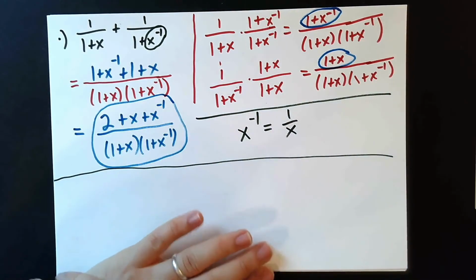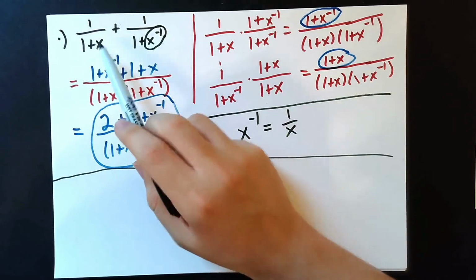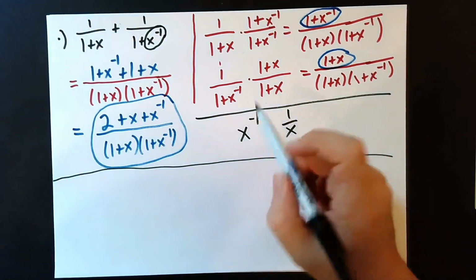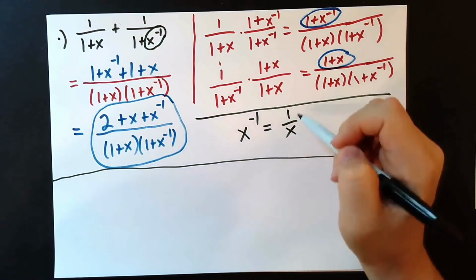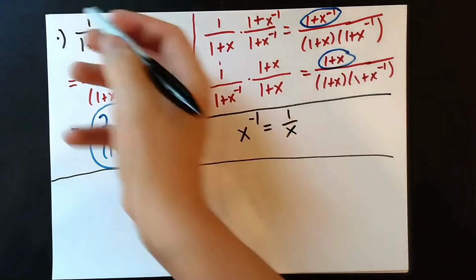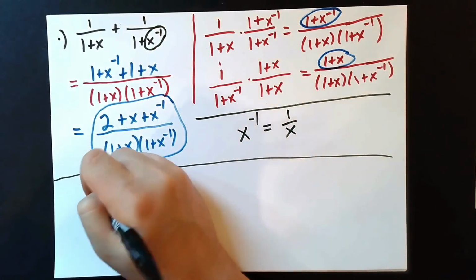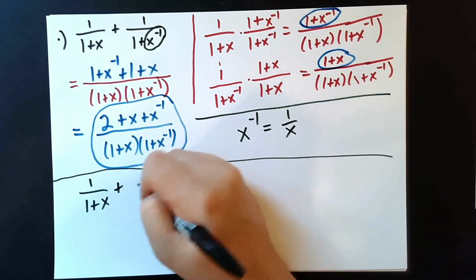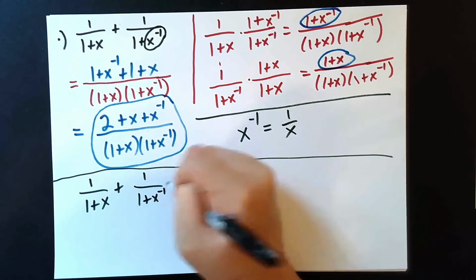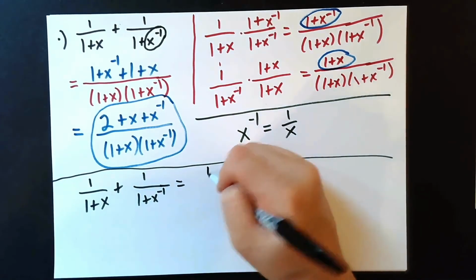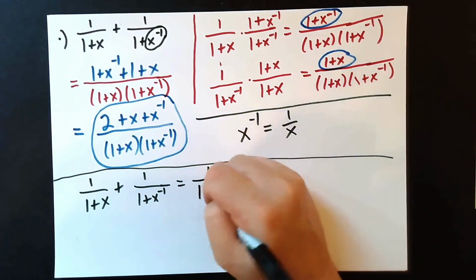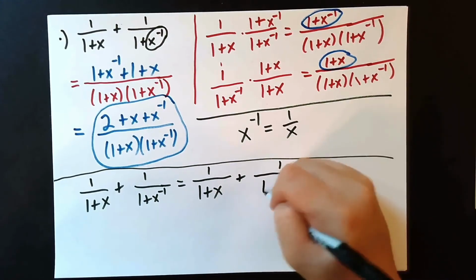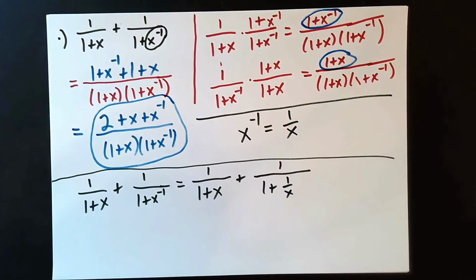And so I'm going to do this question again, except when I do this question again, I'm going to make sure I notice that x to the minus 1 is 1 over x. And so my first step here is to rewrite 1 over 1 plus x plus 1 over 1 plus x inverse. I'm going to rewrite this as 1 over 1 plus x plus 1 over 1 plus 1 over x.